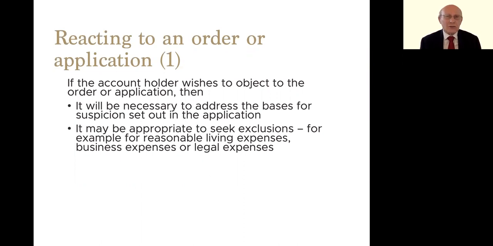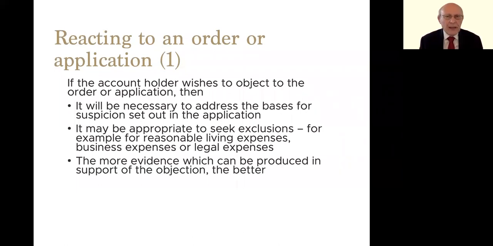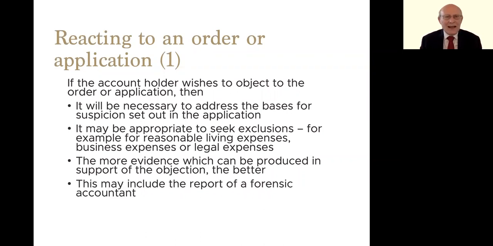And of course, if they're not written into the order when it's made, then you can go to the magistrates' court and apply for the order to be varied to put those exclusions in. Of course, the more evidence which you can produce in support of objections, the better, and that may include the report of a forensic accountant such as myself.